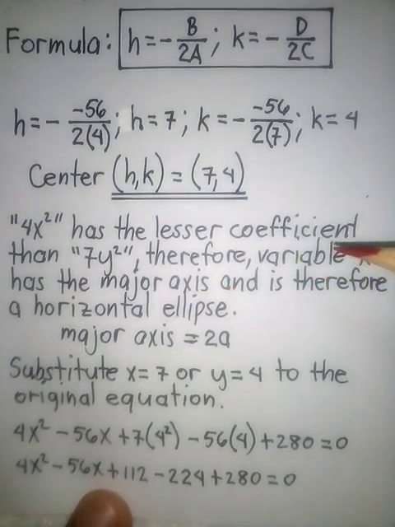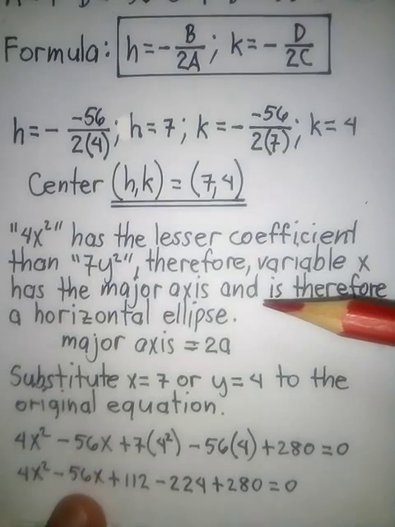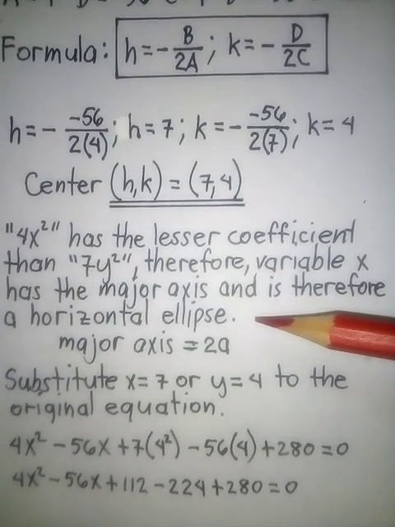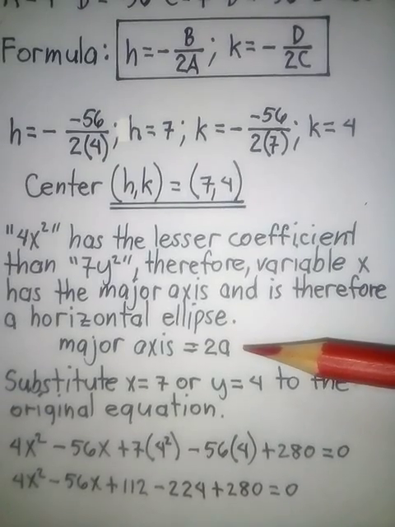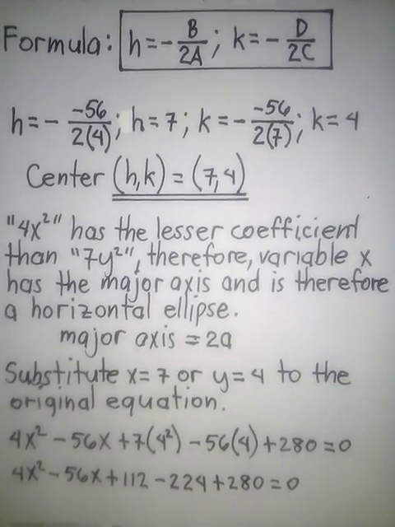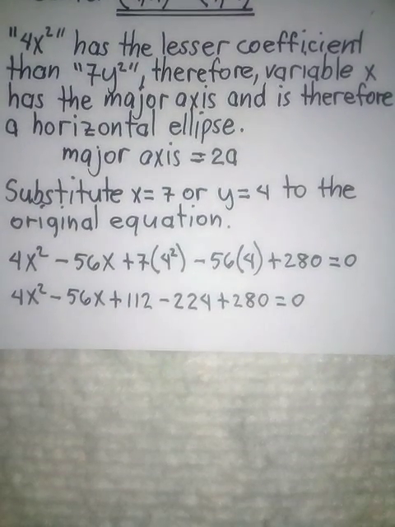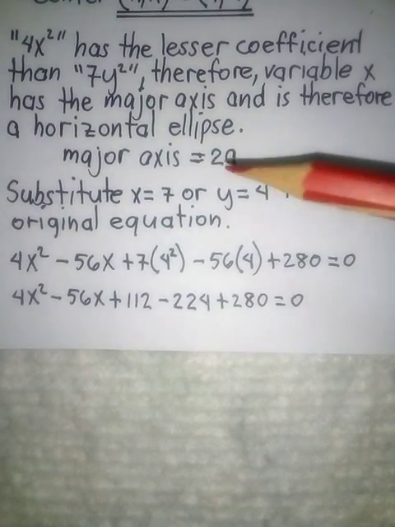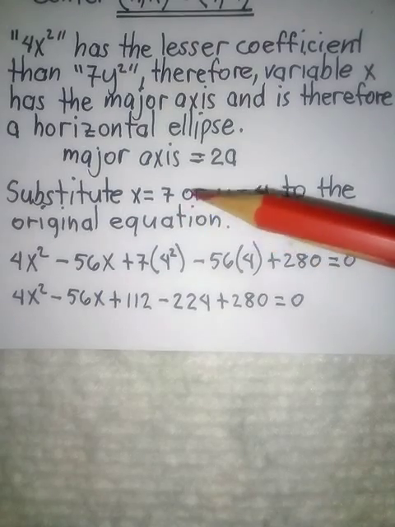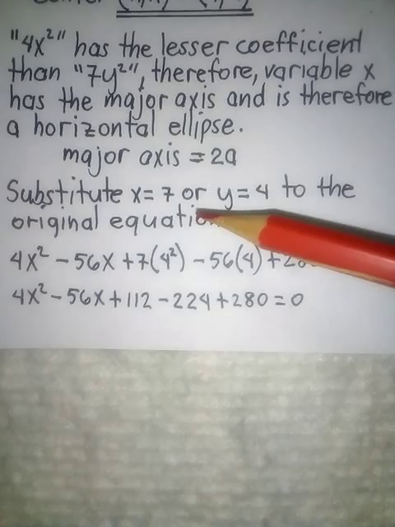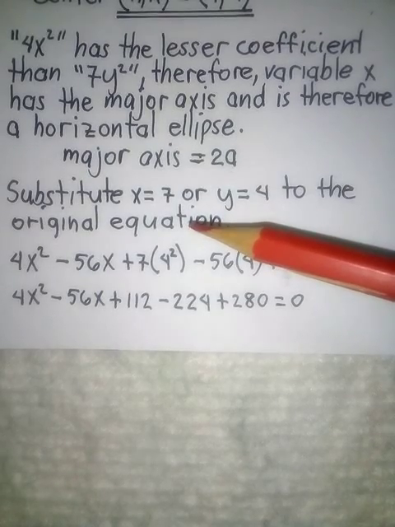Now, let us substitute x is equal to 7 or y is equal to 4 into the original equation to solve for the major and minor axis as well as for the standard equation. Let us substitute first y is equal to 4.